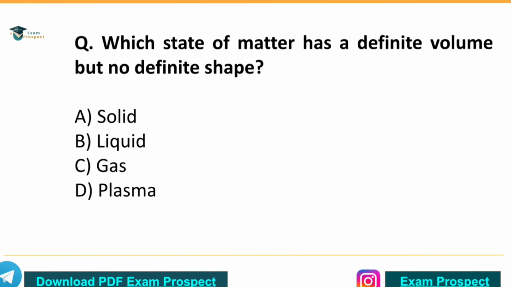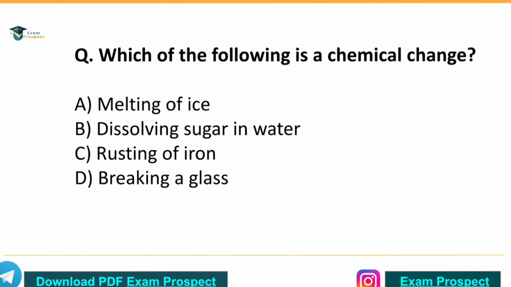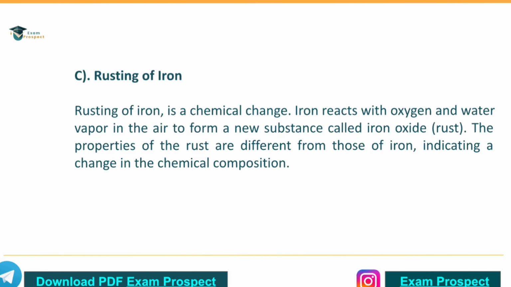Next question, which state of matter has a definite volume but no definite shape? Correct answer is option B, liquid. Next question, which of the following is a chemical change? Correct answer is option C, rusting of iron.